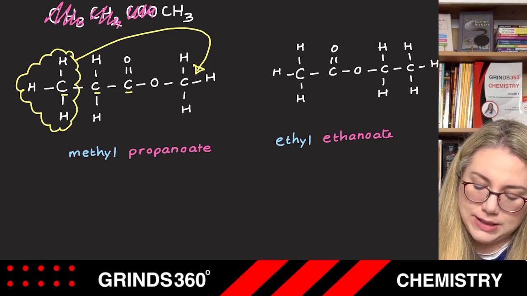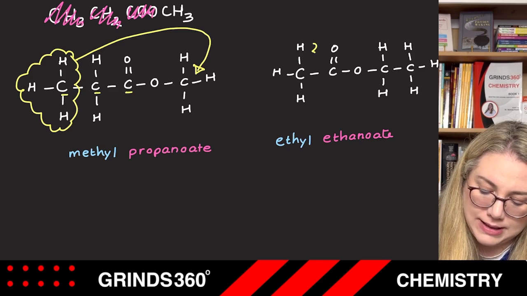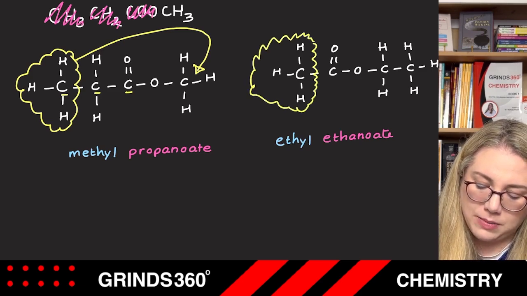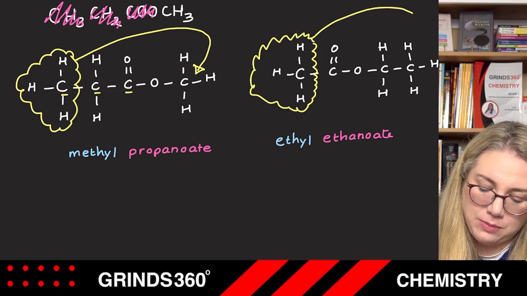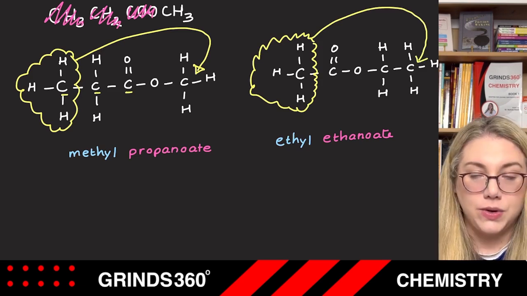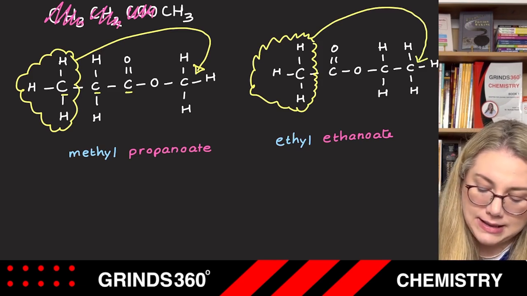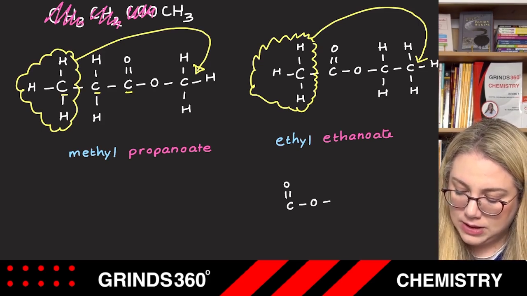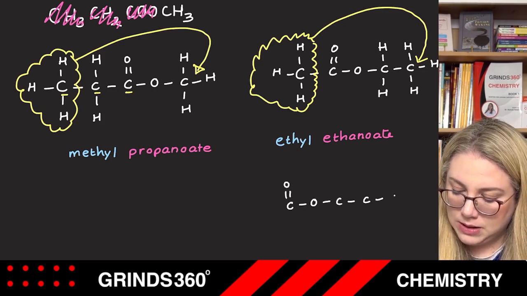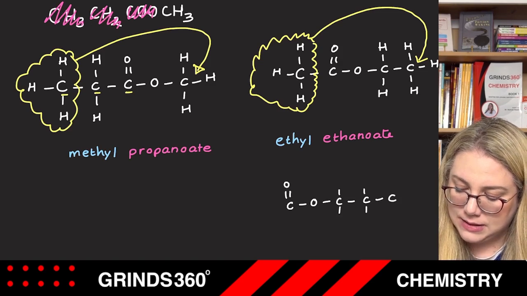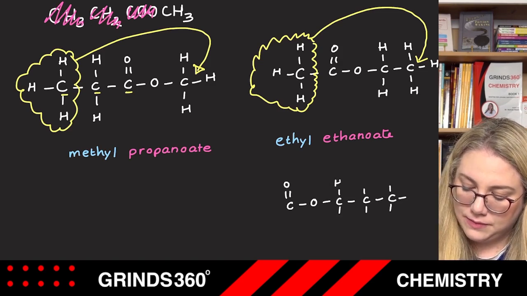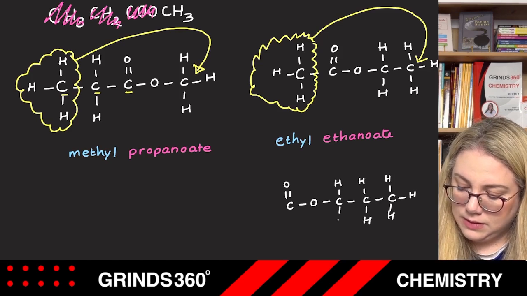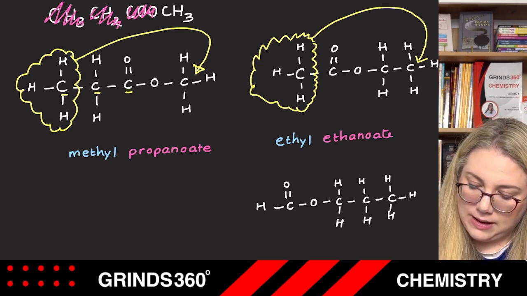If I was to take another CH3 group off the end of the bit that came from the carboxylic acid and I move it again to the other side, this is going to give me my C double bond O to oxygen and 1, 2, 3 carbons after that. And then we have a hydrogen there.